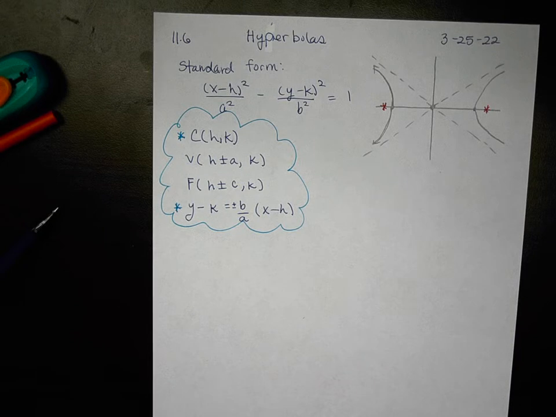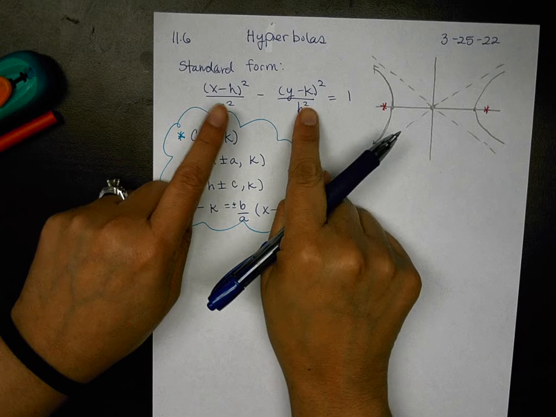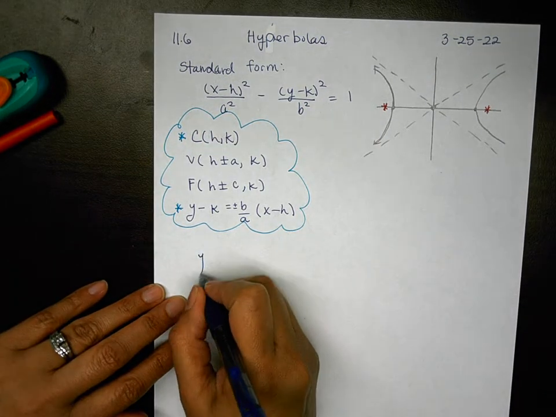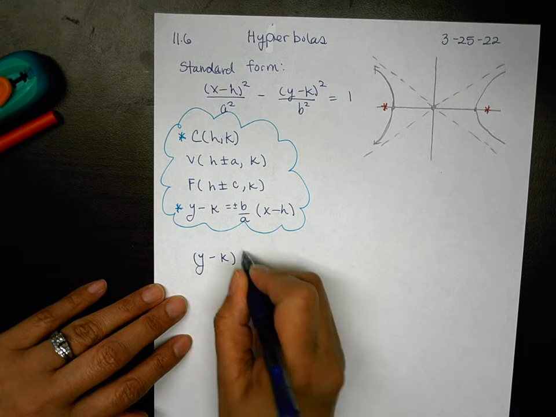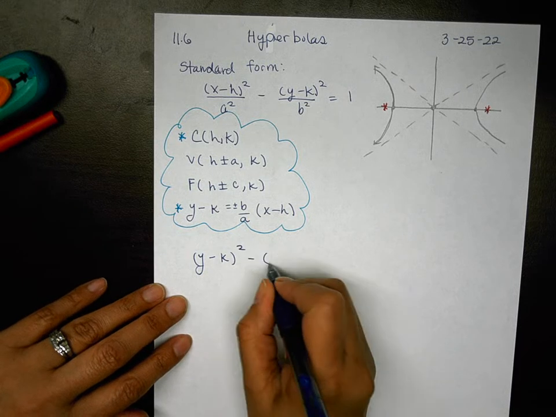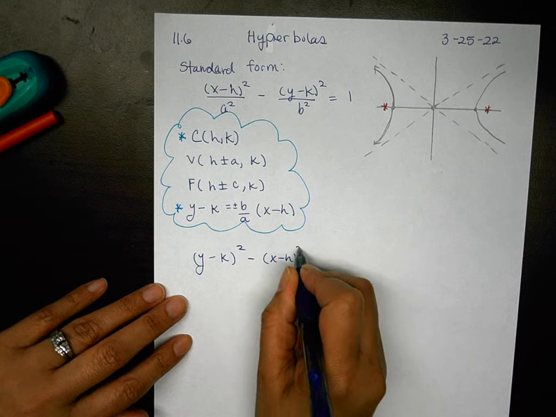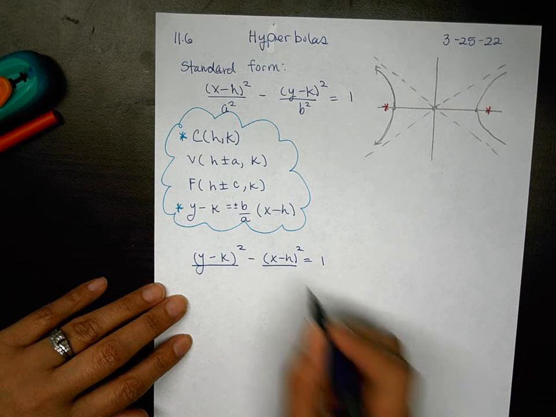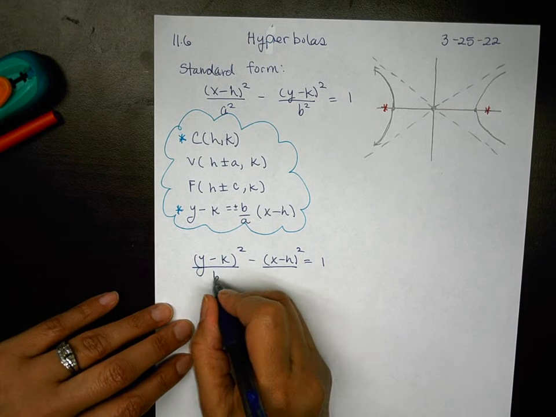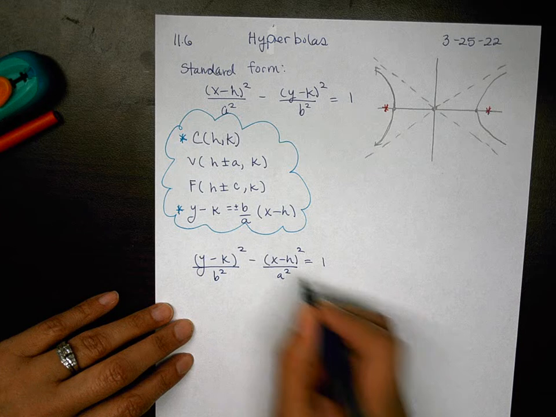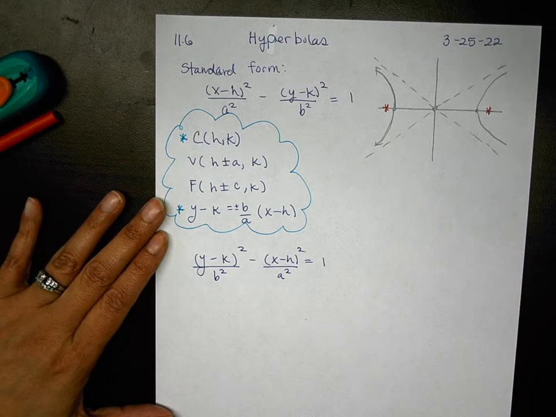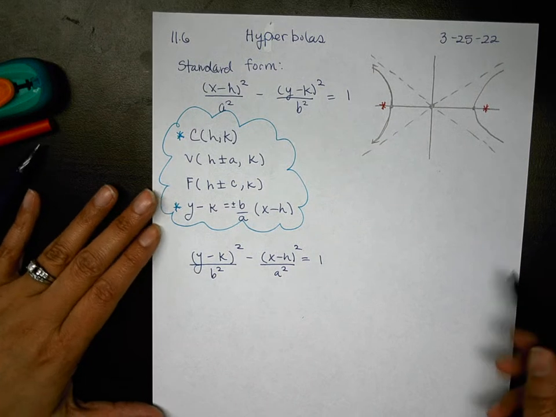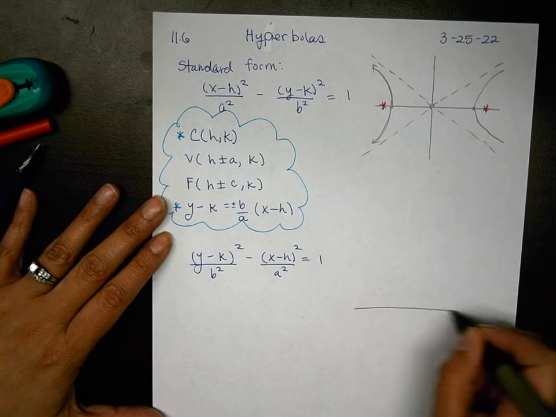Okay. Now, the other format, if y comes first instead of x, is going to look like this: (y minus k) quantity squared minus (x minus h) quantity squared equals 1. And I did forget to write the fraction piece. This first one's over b squared. The second one's over a squared. Now this graph looks like this.